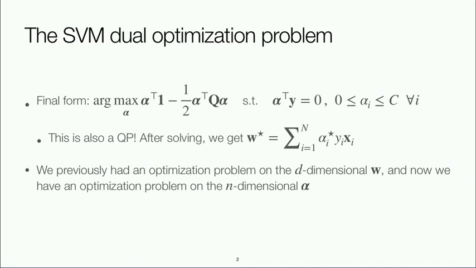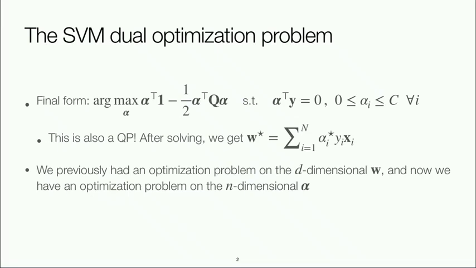Previously, with the primal formulation, we were doing an optimization on w, arg min over w of our objective. And w was a d-dimensional vector, because this is a linear model with respect to x. If x is d-dimensional, then so is w.